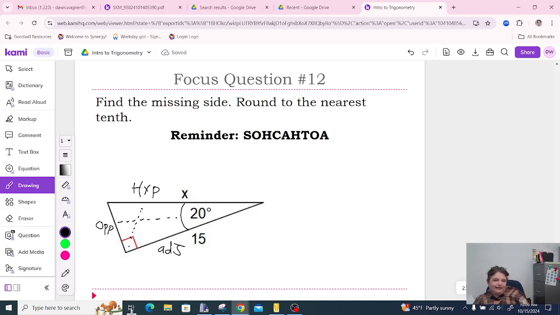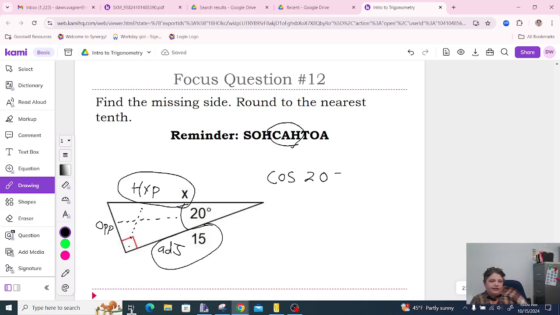So I'm looking for a hypotenuse. I have adjacent. Which one's adjacent and hypotenuse? Cosine. Cosine is adjacent and hypotenuse. So cosine 20 is equal to 15 over x. Do you remember when x is in the bottom, do we multiply or divide in the end?